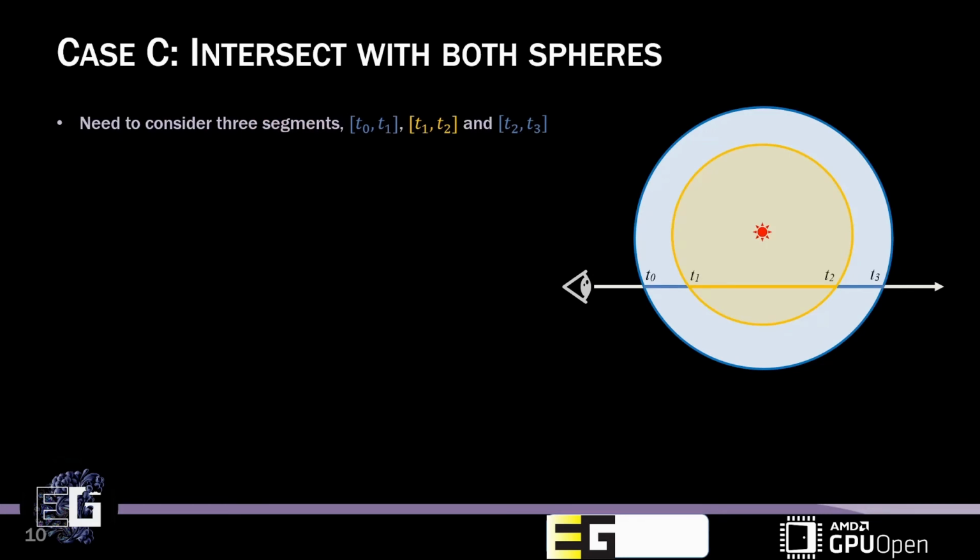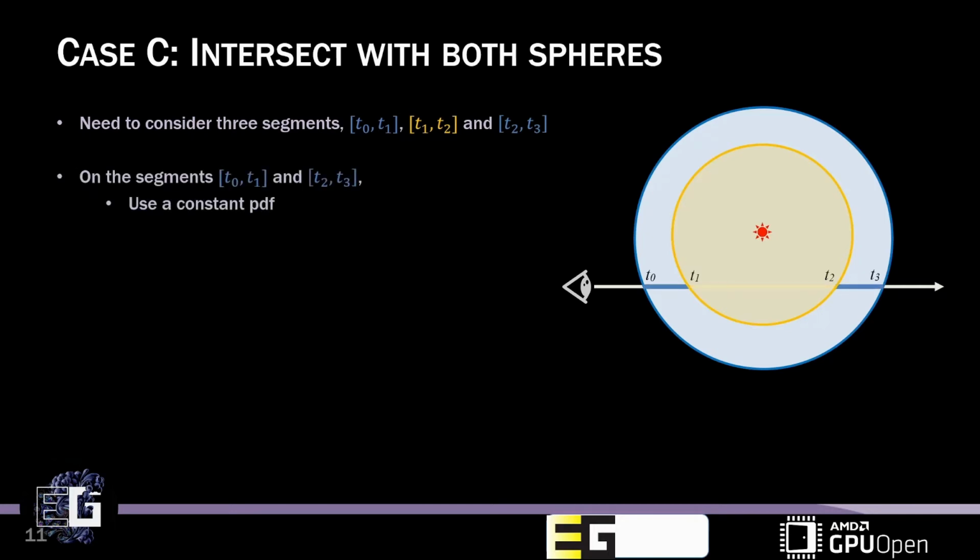And finally, case C, intersecting with both spheres. This is the most complicated case to compute. In this case, in order to decide the sample location on the ray, we need to consider three segments: between T0 and T1, between T1 and T2, and between T2 and T3.